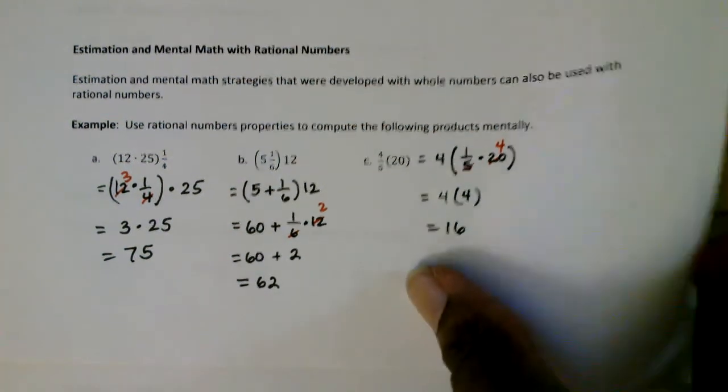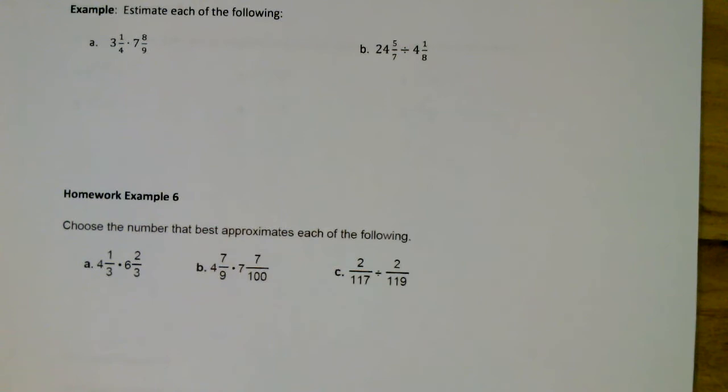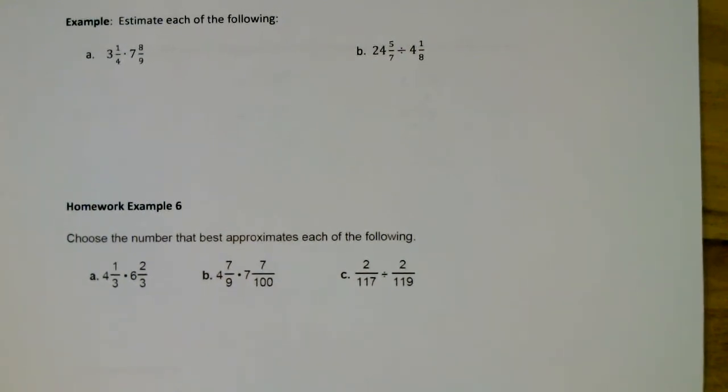All right, on the next page of your handout is estimating each of the following, like 3 1/4 times 7 8/9. Okay.